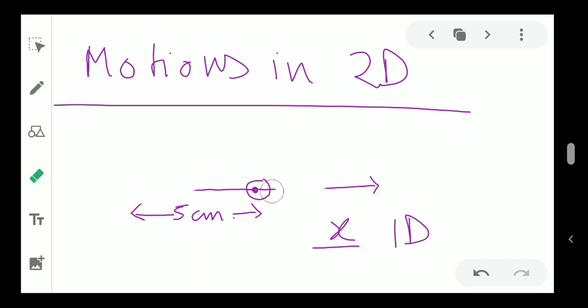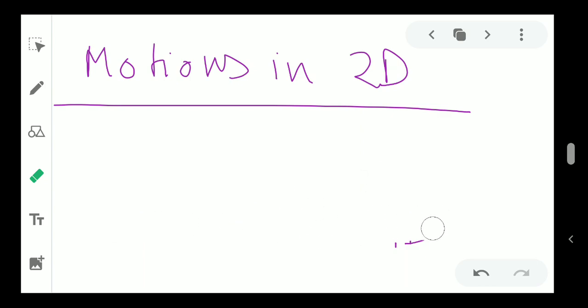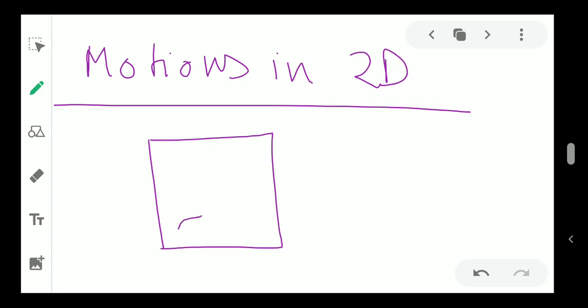But whenever the situation will be such that one ant is moving in a page like this, and right now it has come to this point, how to locate this? In this kind of situation we take help of two parameters.